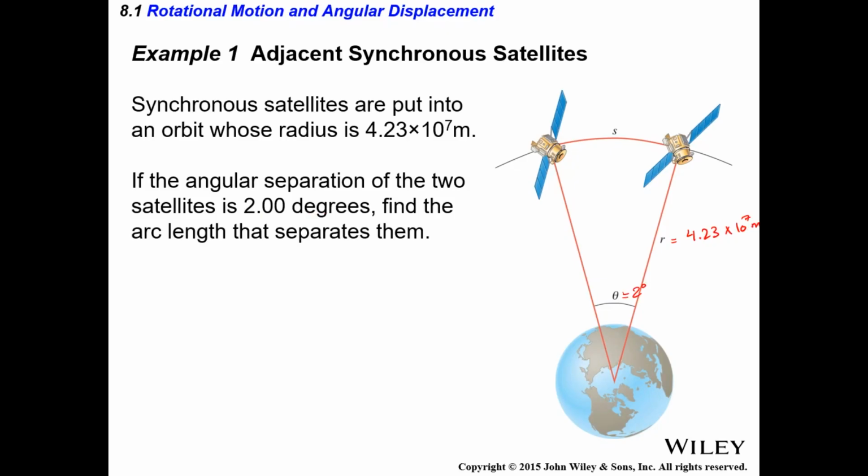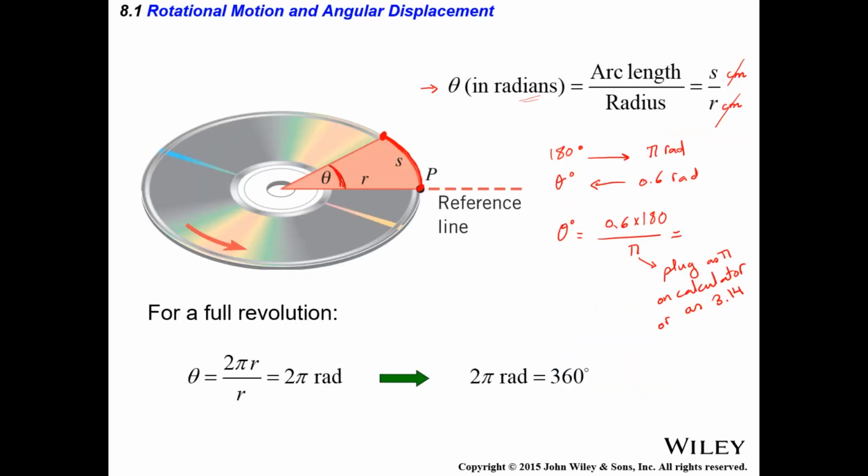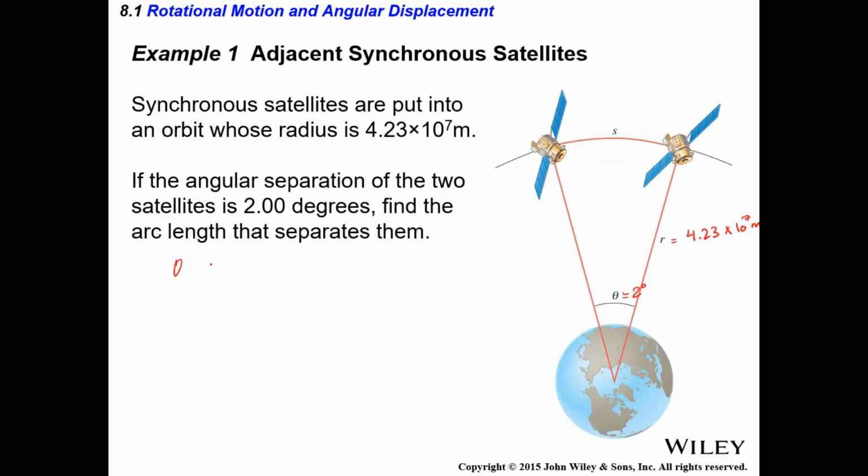So I have the angle theta is 2. I will use our formula. Theta is S over R. What we want is the arc length. So we want S. This will be R times theta. R is 4.23 times 10 power 7.